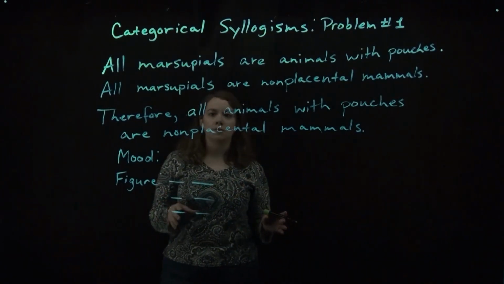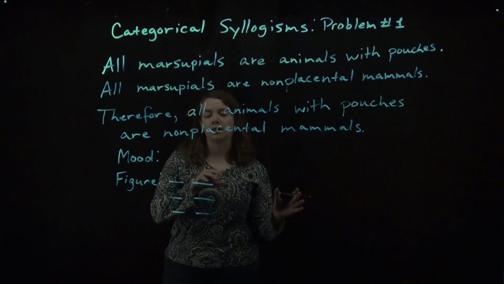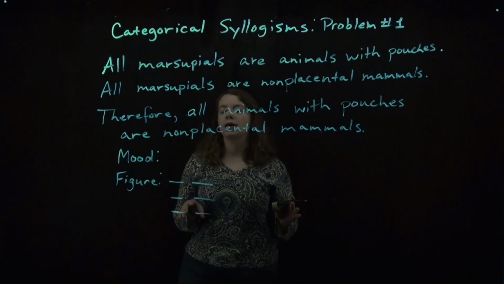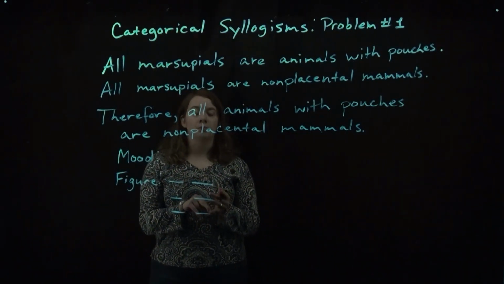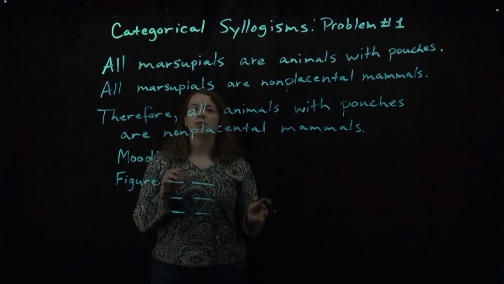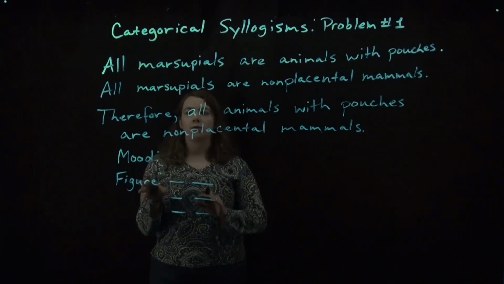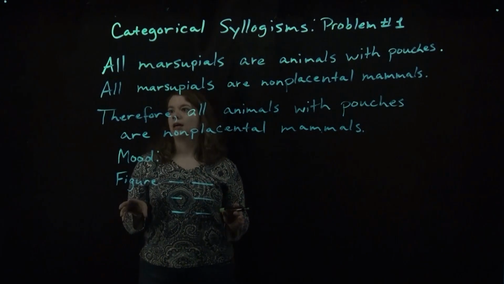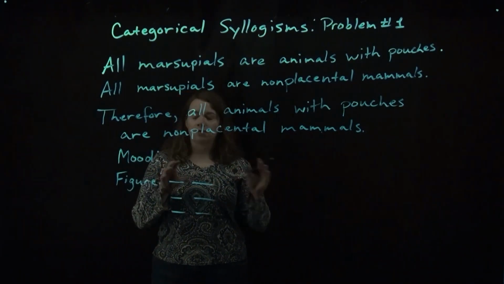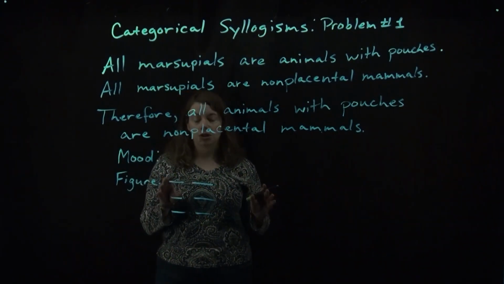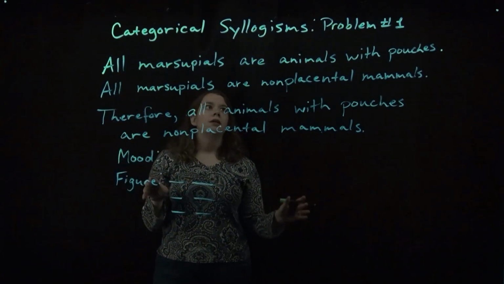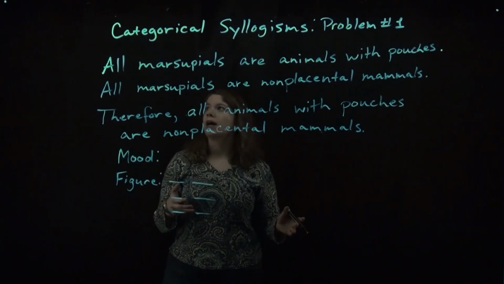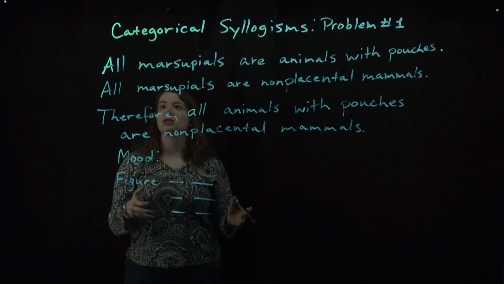Okay, so hopefully you've all had a chance to look at the document that's in the modules about not only the different forms of categorical propositions, but also the various valid forms of categorical syllogisms. That sheet on the valid forms of categorical syllogisms will be the one you need to look at to help you along with these problems that I have recorded in the modules.